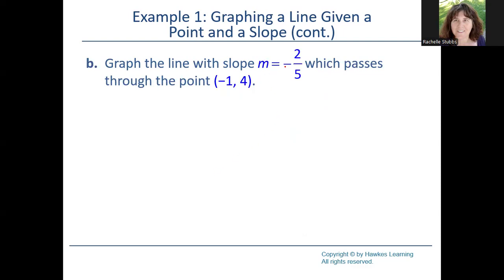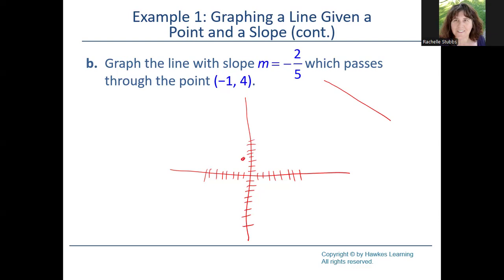How about this? If the slope m equals negative 2/5, so I'm going to go up 2 to the left 5 or down 2 to the right 5. This is going to be a negative slope, so I expect to see this line going like this. Here is my graph. It says to go find the point (-1, 4).